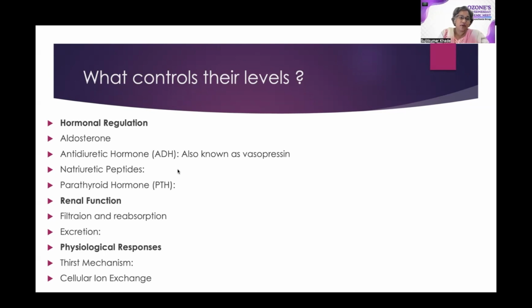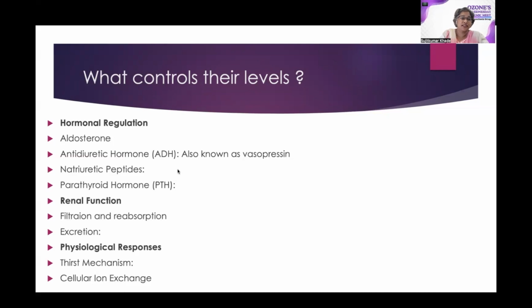Natriuretic peptides, like atrial natriuretic peptide, are released by the heart in response to blood volume and blood pressure. They also promote sodium excretion by the kidney, counteracting the effect of aldosterone and helping reduce the blood pressure. Parathyroid hormone regulates the calcium and phosphate levels in the blood.